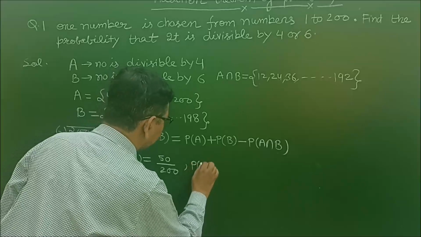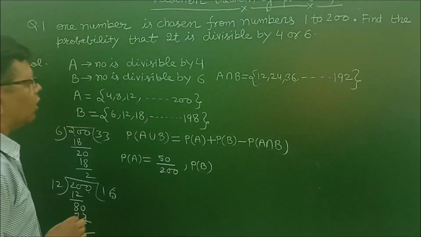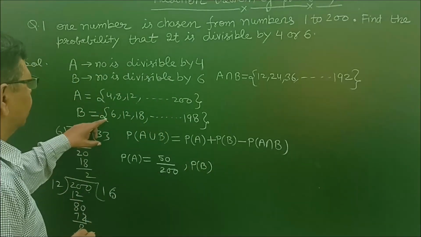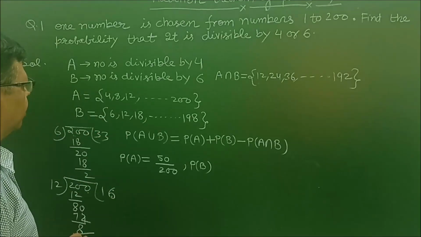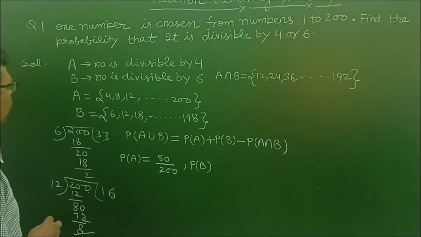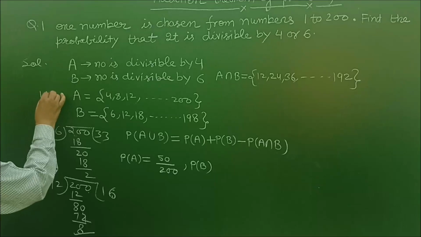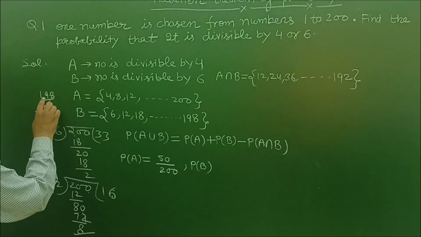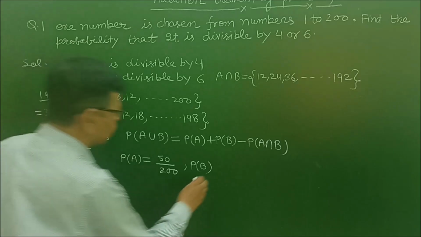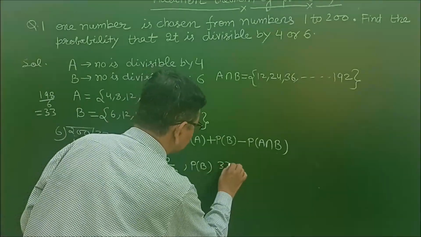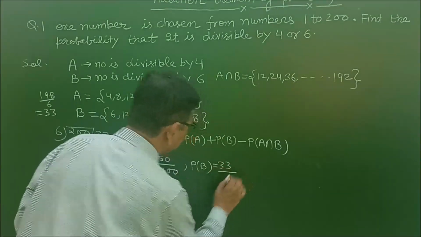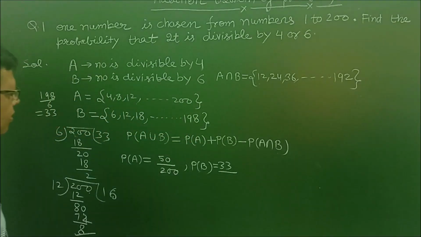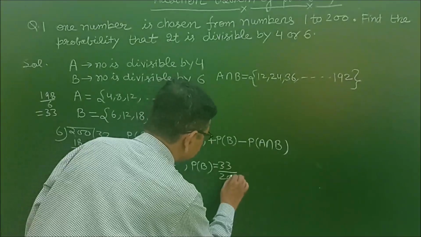Now probability of event B, that is divisible by 6. So 6, 12, up to 198. How many numbers are there? 198 divided by 6 is 33. So probability of B will be 33 upon 200.